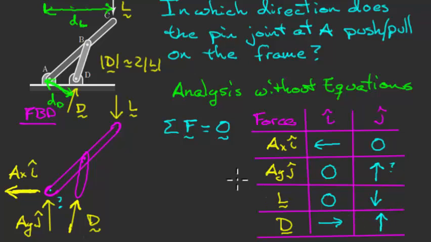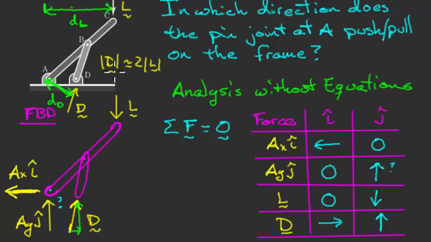Remember what we said earlier. We said that D was about twice as big as L. And look at D. Almost all of it is in the vertical direction, right? There's a little bit of it to the right, but almost all of it is in the vertical direction. Let me just draw a quick vector triangle for D here. D is upward and to the right. It has a little piece that goes to the right, but most of it is going upward.